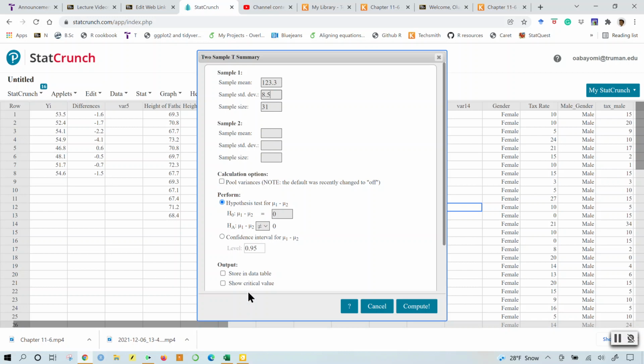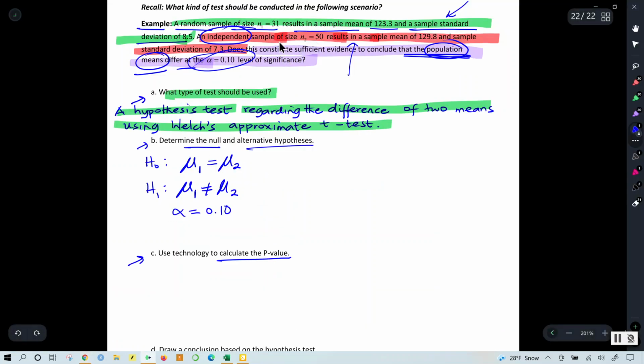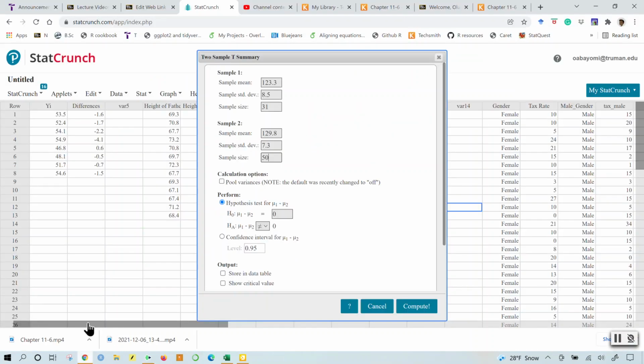Then I'll be back. So here on the screen, you see the sample 2 details, the sample mean, the sample standard deviation, and the sample size, which I got from the pink part of the problem here. And I will note that my alpha, my level of significance, is 0.10. I want to get the p-value for the hypothesis test. So let's go back.